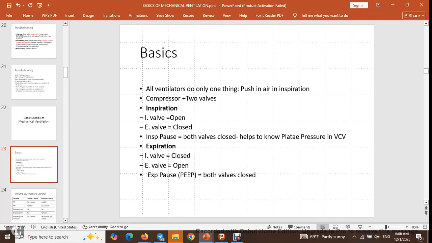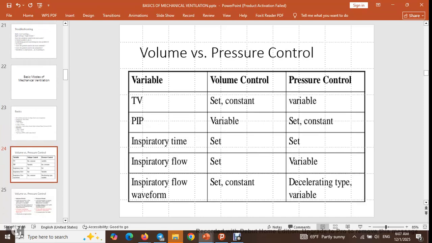The patient inspires, and at inspiratory pause both valves are closed, which helps us know the plateau pressure, especially in volume control ventilation. The other thing is expiration: the inspiratory valve is closed and the expiratory valve is open. The expiratory pause can also help, with both valves closed, and keeps some air in the lung because this is PEEP.